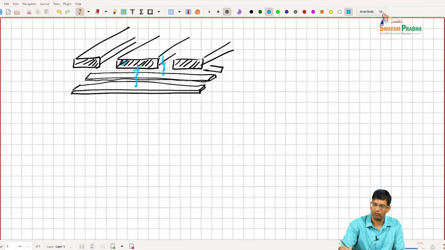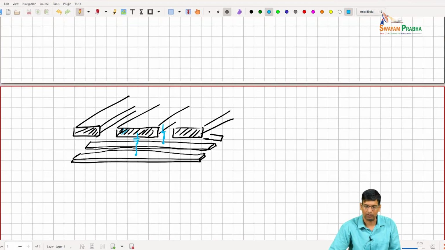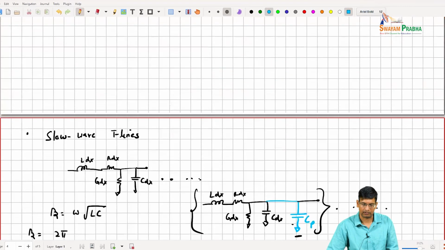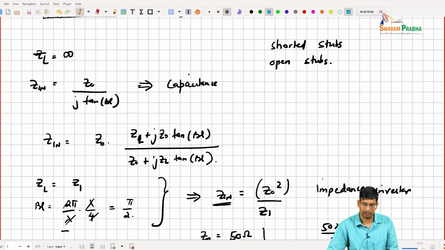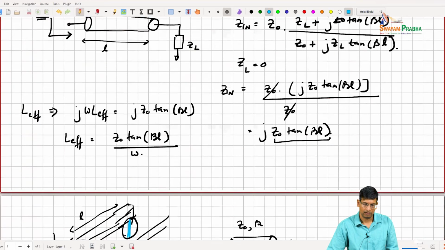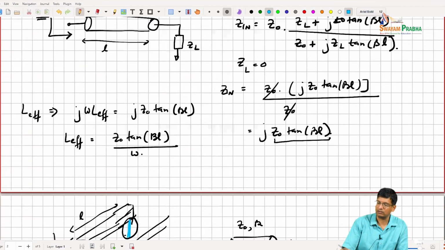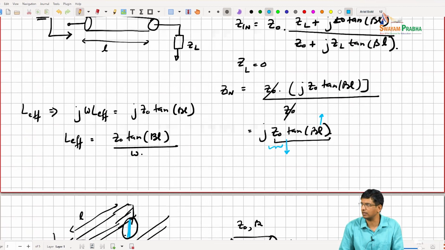So we saw that the inductance that we effectively see is jZ0 tan(βL), right? But here this is completely in my control. So if this drops, I may have to use a longer L to compensate for that, right? But then effectively I might find that the Z naught doesn't drop as much.